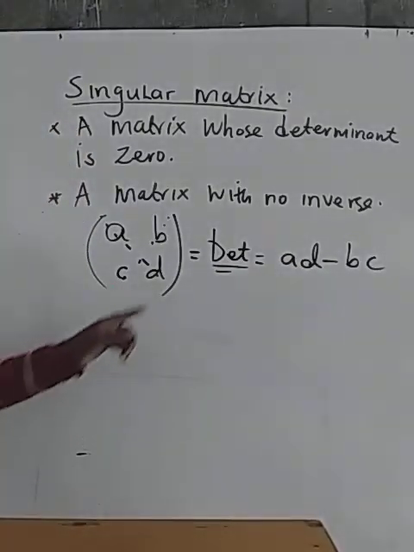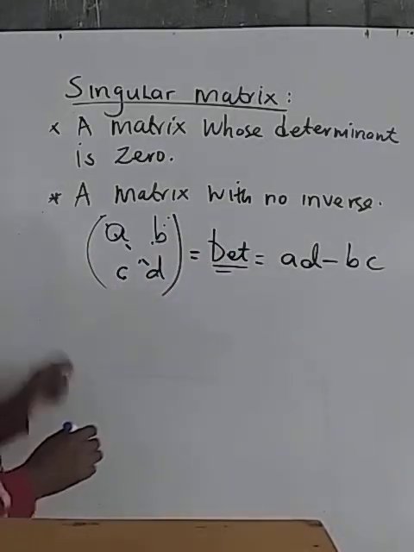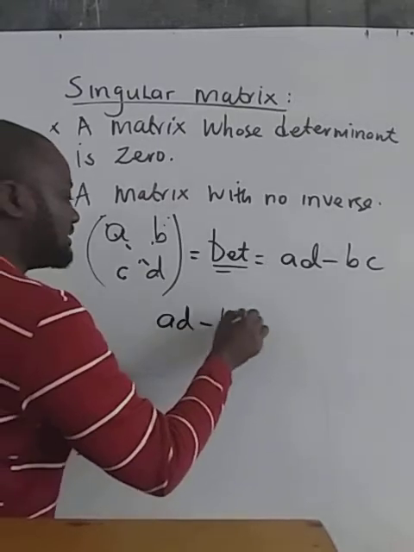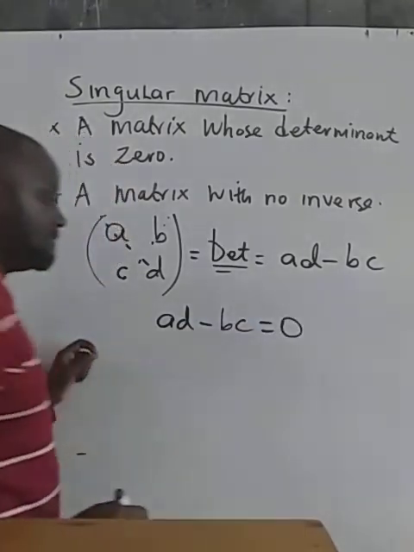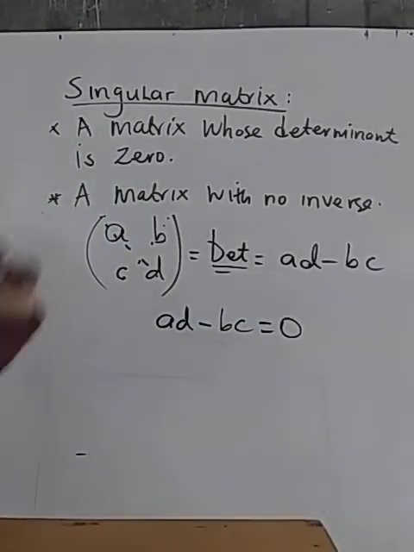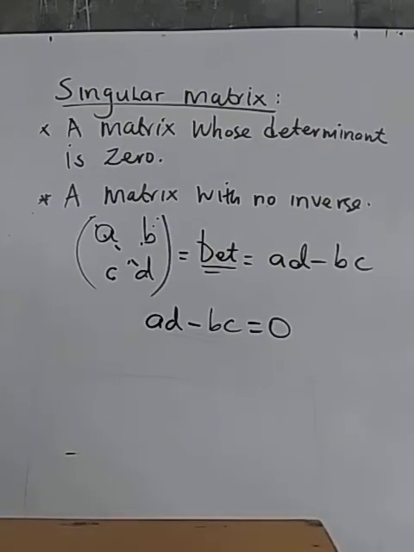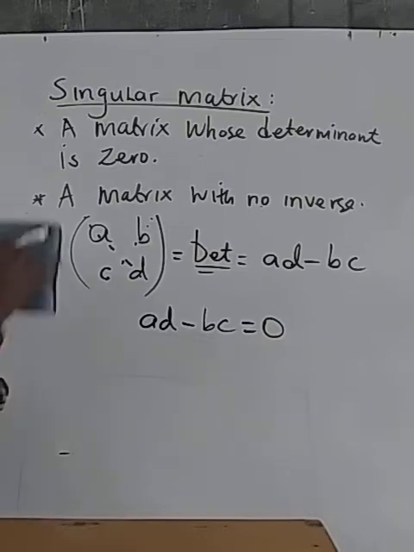Now, if it is a singular matrix, AD minus BC equals 0. From there, we look at the first example.